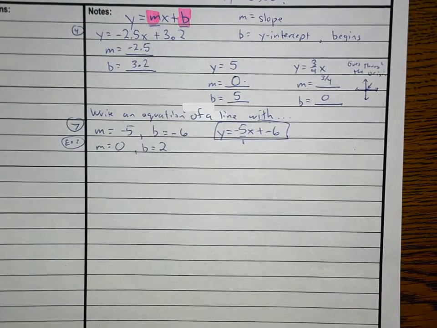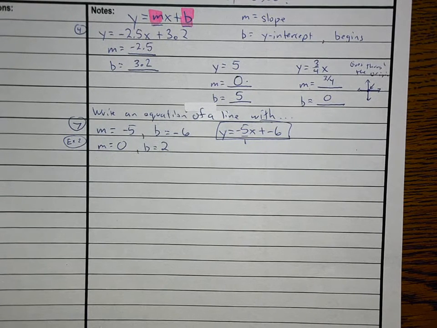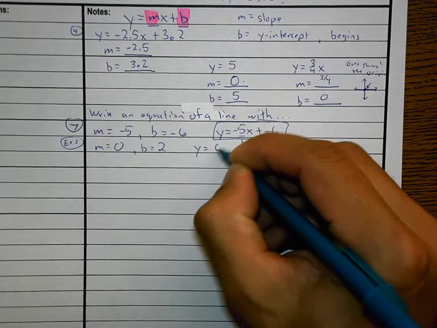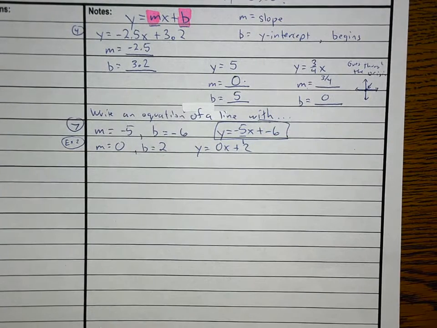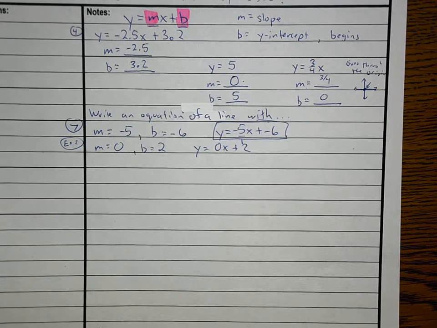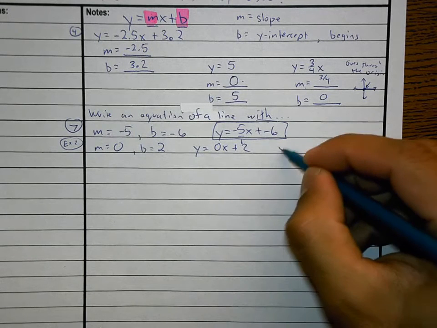I don't know what it is. y equals 0x plus 2. I like it. I would accept it. But does it simplify? Is there an easier way to write it? James, you're right so far. Can you simplify it? y equals 2. Yeah, he sees it.